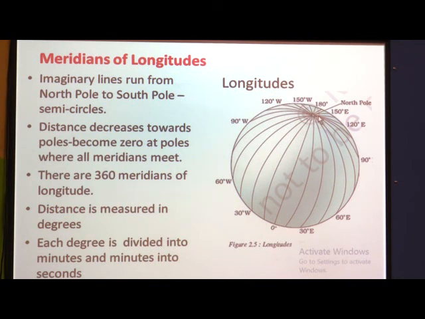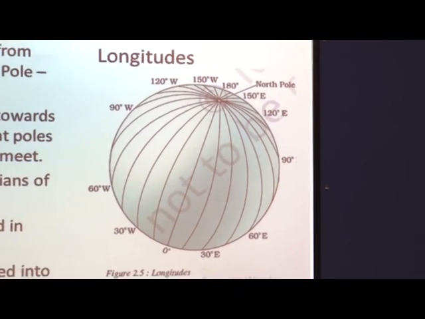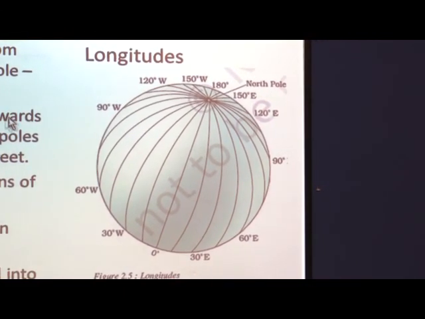On this North Pole and the South Pole, all meridians meet. So here they become zero. Understood? So the distance decreases towards the pole. They become zero at poles where all the meridians meet.